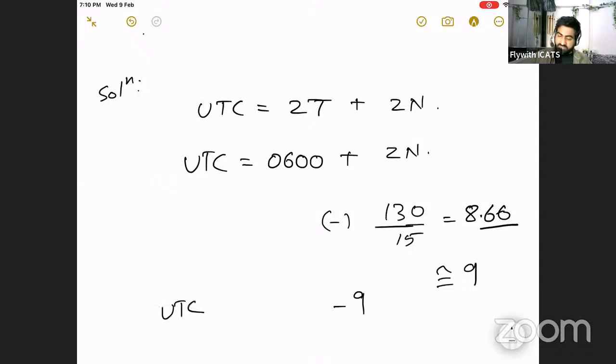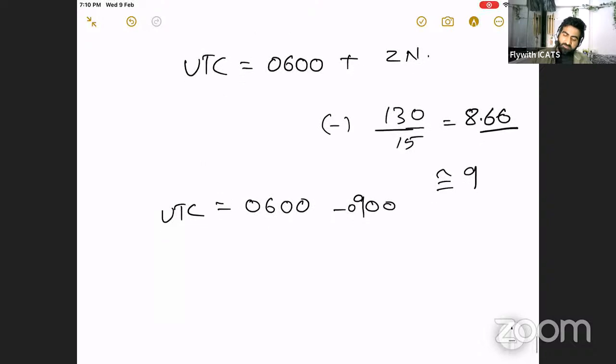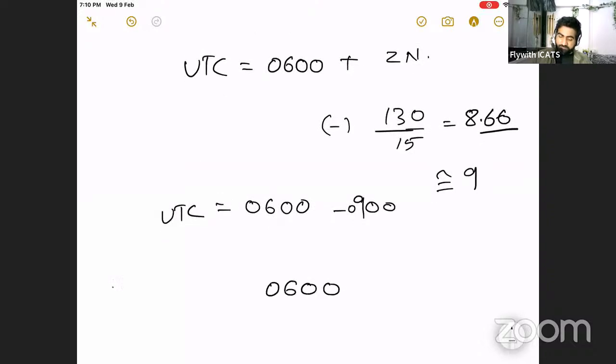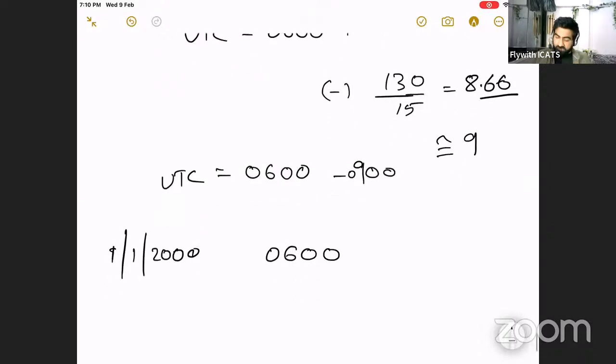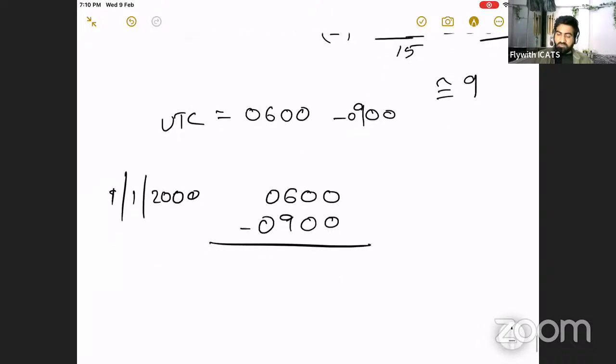So UTC is equal to 0600 minus 0900, like that. Now, how will I do it? I'll simply write 0600 on 1st January 2000 like this, and minus 0900. So I will get my UTC.